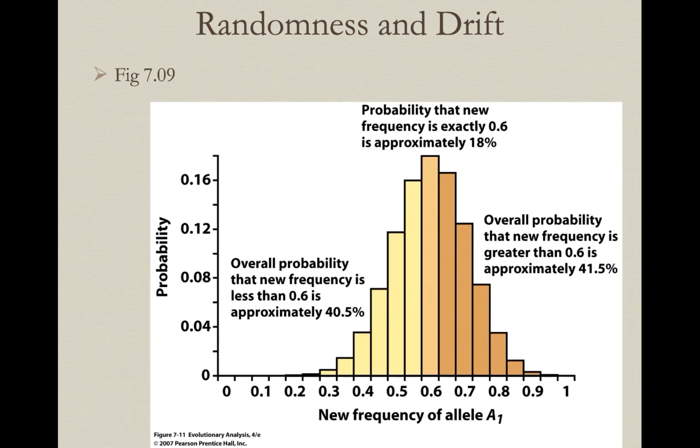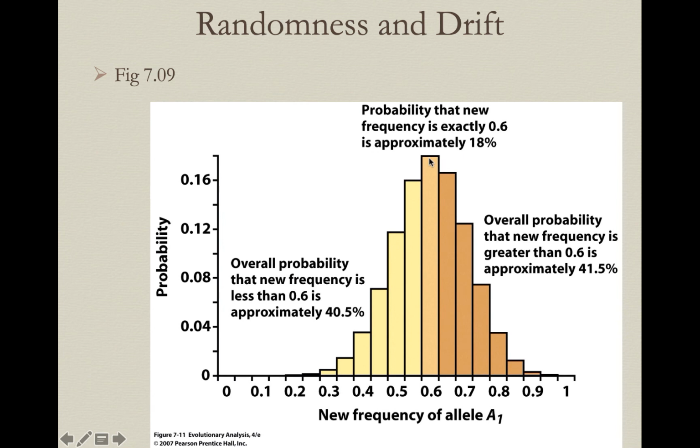And if you did this a whole bunch of times, if you just played darts all day and kept track of the frequency of the alleles, you'd come up with a distribution like this. This was done with a computer sampling hundreds of times. The probability that the new frequency is going to stay the same, so A1 is 0.6 and A2 is 0.4, is about 18% of the time.